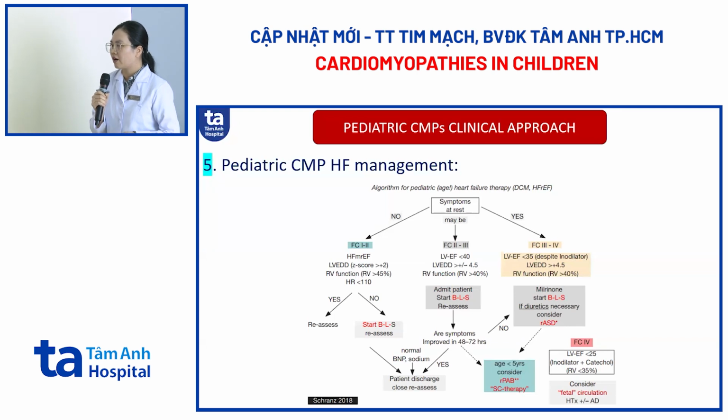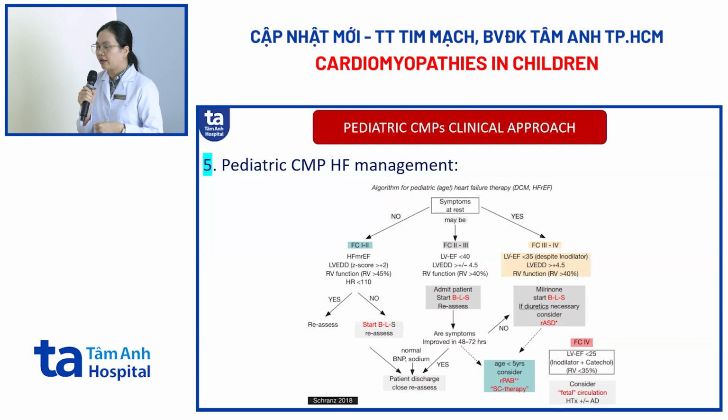And the ARB, we have medicines like losartan, Diovan, for example, but applied to the pediatric population, recently we just use valsartan, and also add some sacubitril for the group more than 1 year old. And the other is beta blocker. Not all of the beta blockers can be used. Carvedilol is very popular, and the other is bisoprolol.